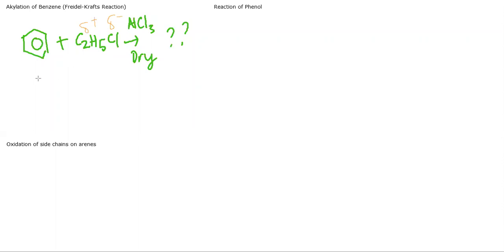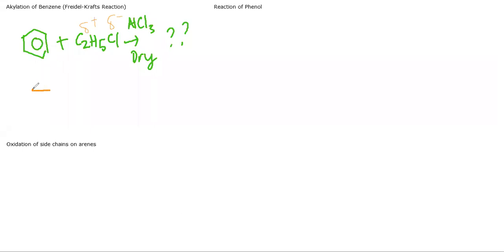So we have benzene, and then we also have the positive dipole of ethyl. And the mechanism is electrophilic substitution.